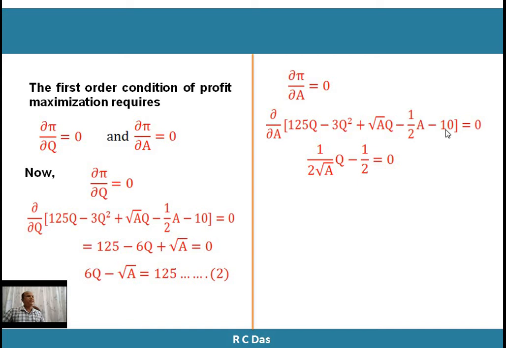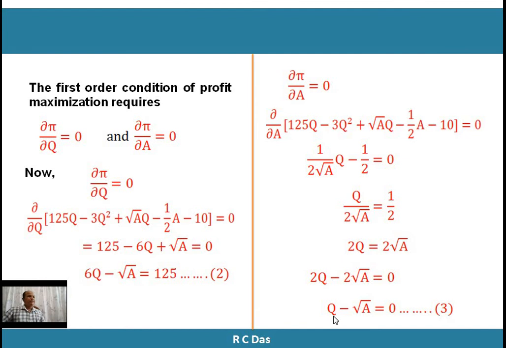Again minus 10 is a constant, so derivative value is 0, so ultimately equal to 0. That is equal to Q divided by twice root over A equal to half. So multiplying, twice Q equal to 2 root over A. So twice Q minus twice root over A equal to 0. So ultimately Q minus root over A equal to 0. This is relation number 3.